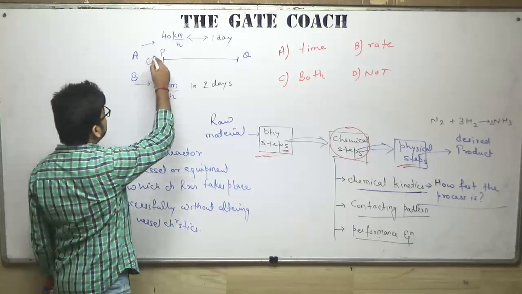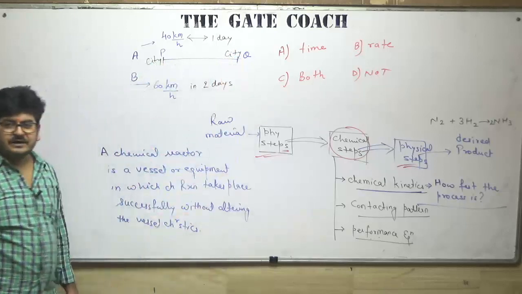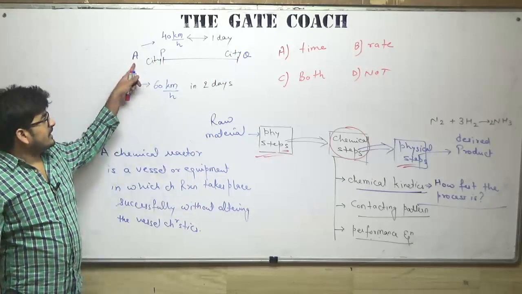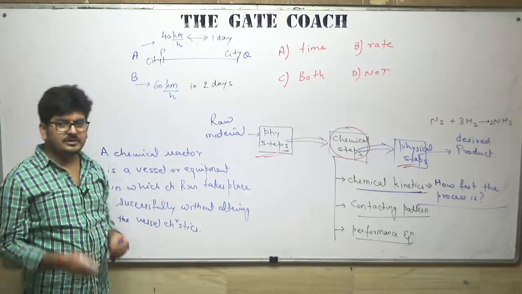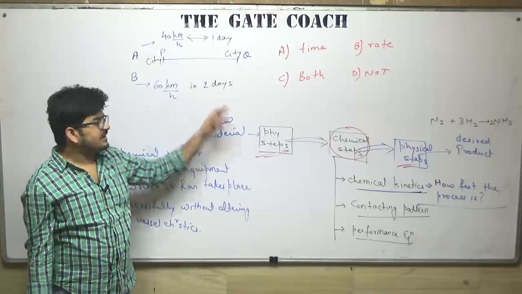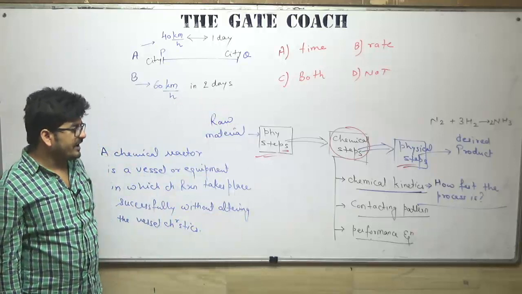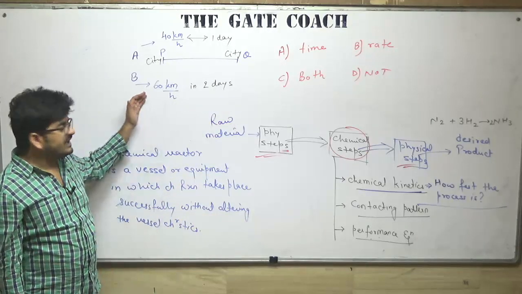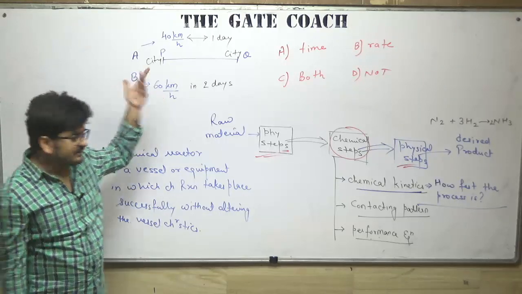This is city P and this is some city Q. The average speed of the journey for A was 40 km per hour, for B it was 60 km per hour. A reaches in 1 day, B reaches in 2 days. So if you are talking about rate, then the rate of B is high, obviously, as 60 km per hour is greater than 40.